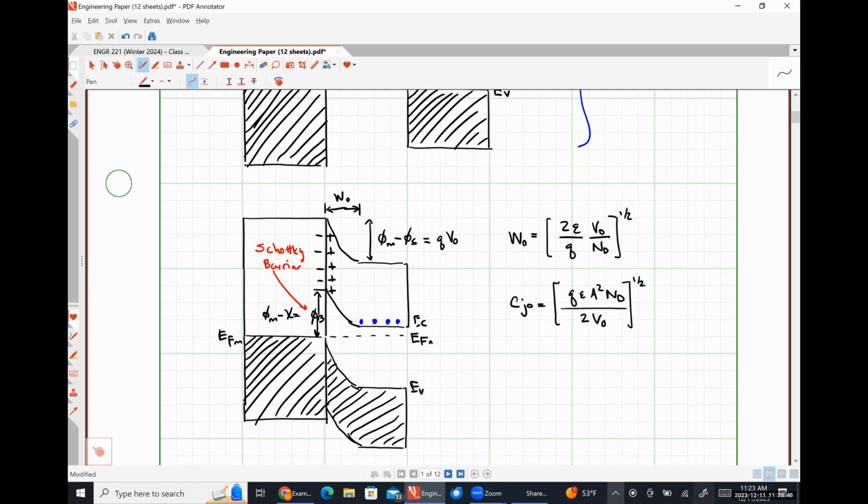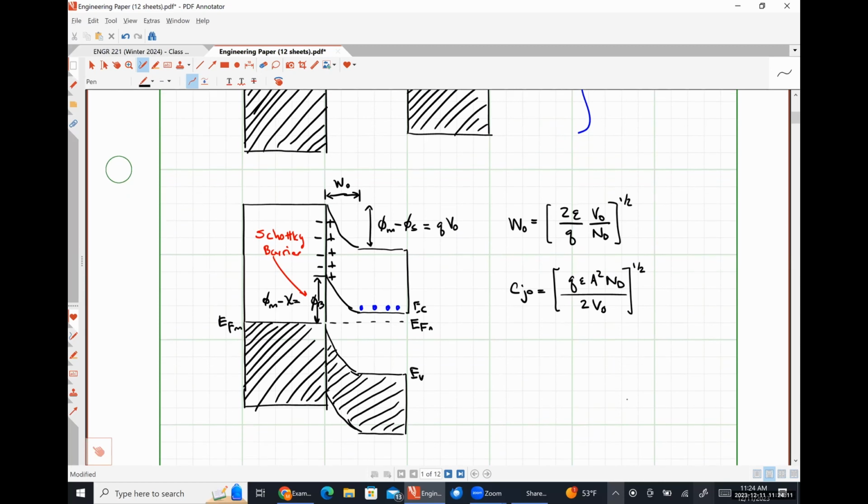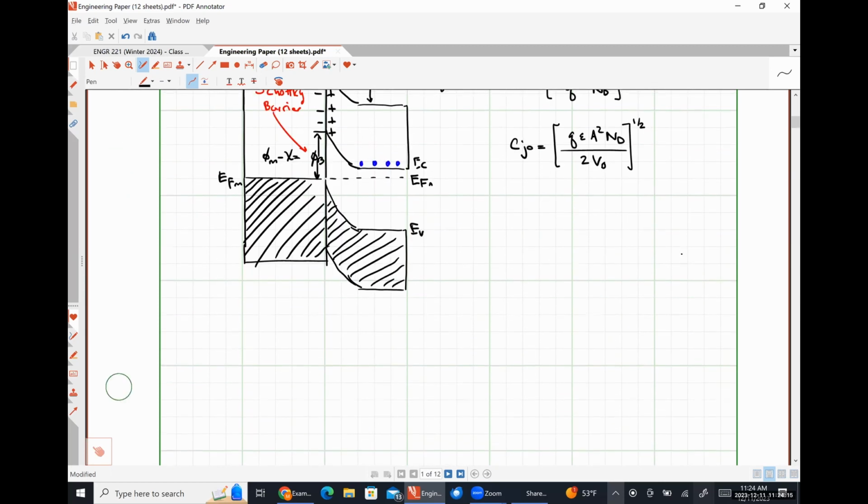The electrons from the metal will practically never be able to overcome that phi B term. It's always there regardless of how much we shift the right-hand side up or down, but we're making it easier or more difficult for electrons in the conduction band to move over to the metal by biasing this thing. Okay. So the current density of this diffusion is given by the following expression.